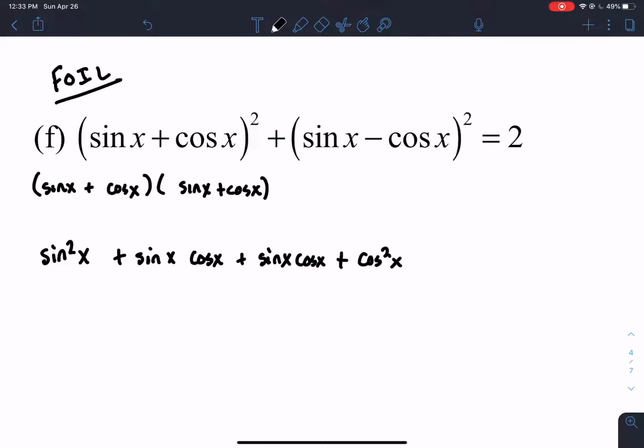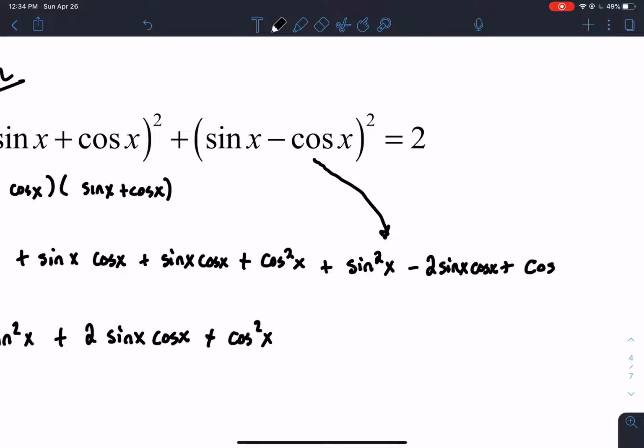Okay, now if I do the same thing with this one, right, that's going to give me sine squared minus 2 sine cosine plus cosine squared, right?